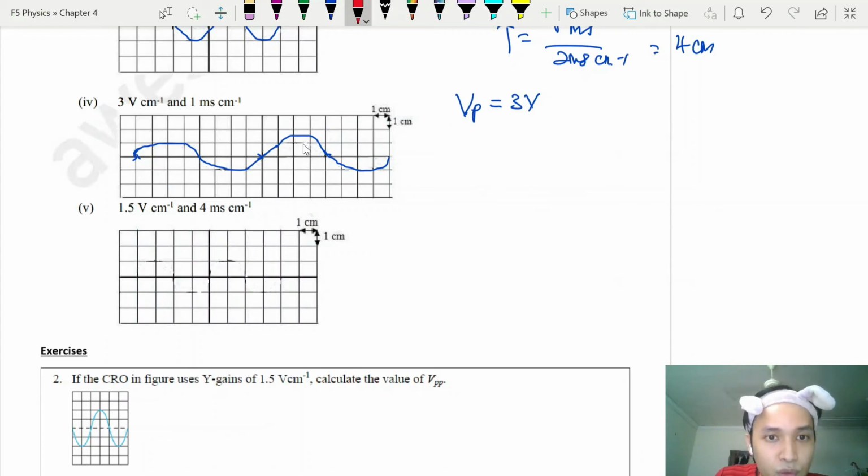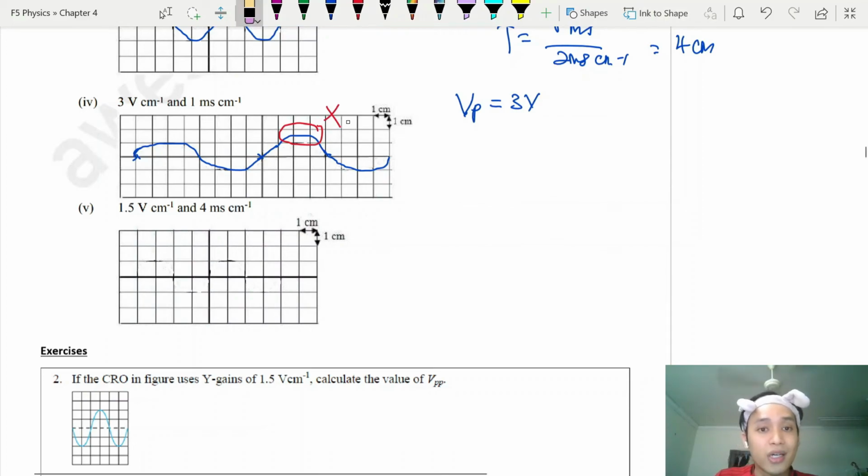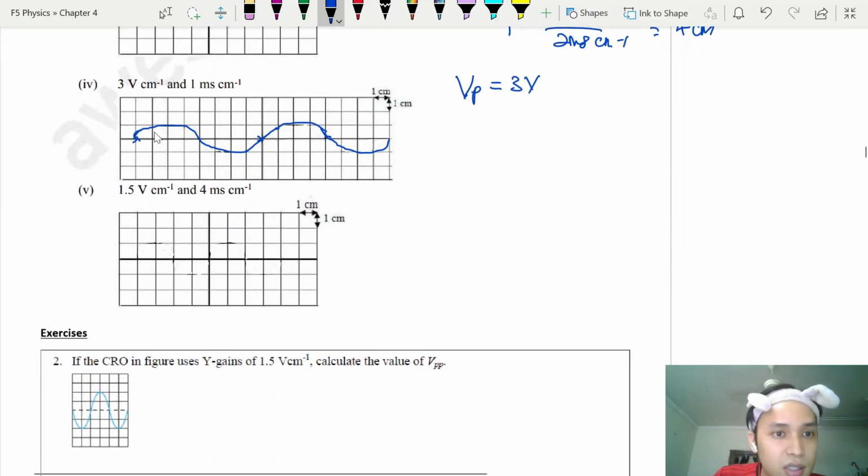But if you draw, you overshoot. This part here overshoots, so you consider this as wrong. You need to draw as accurately as possible, if not, you won't get your marks. Draw until so difficult but never get marks. So sad, right?